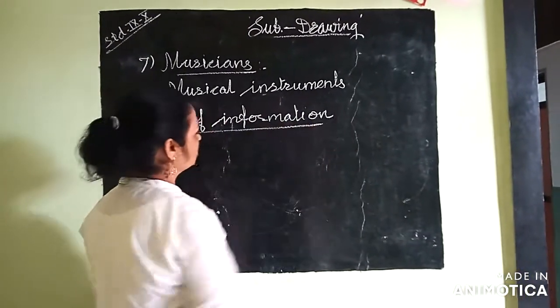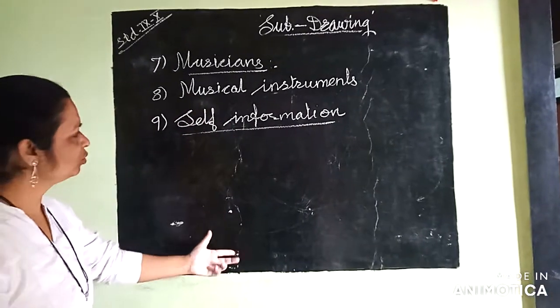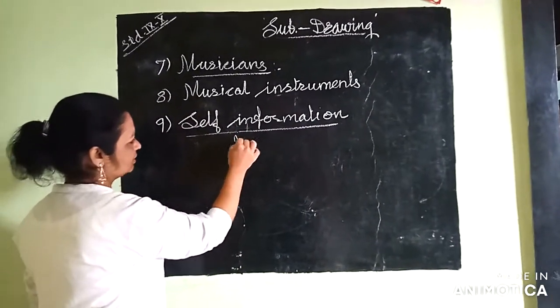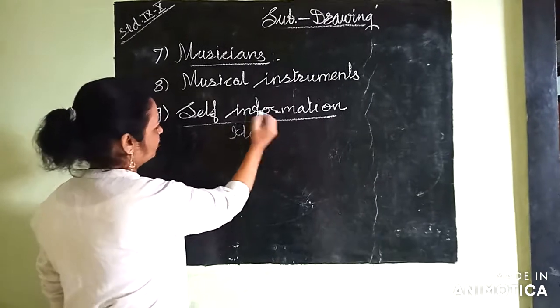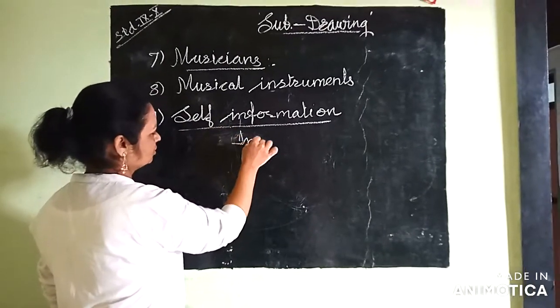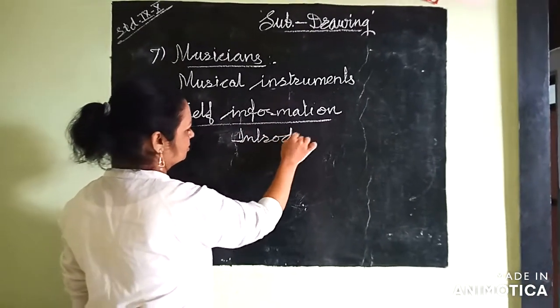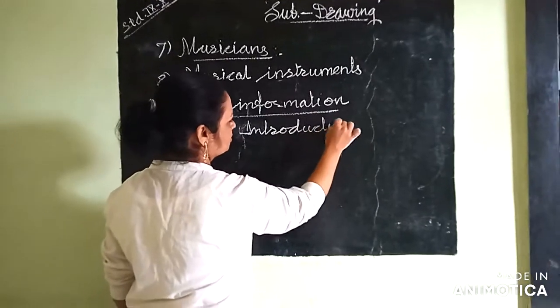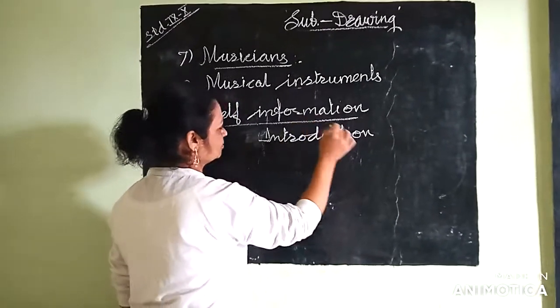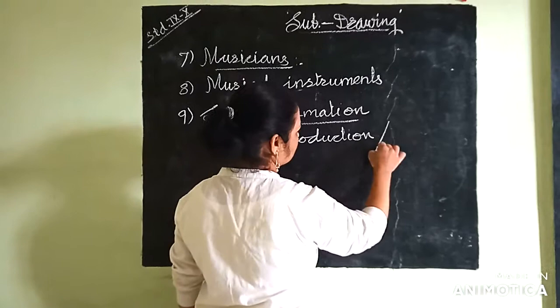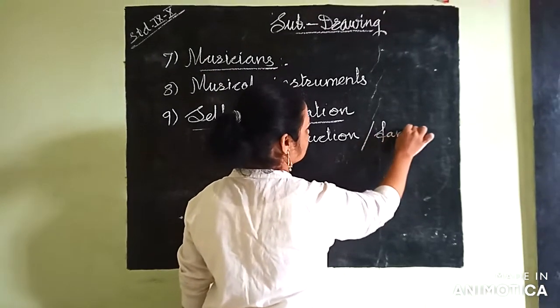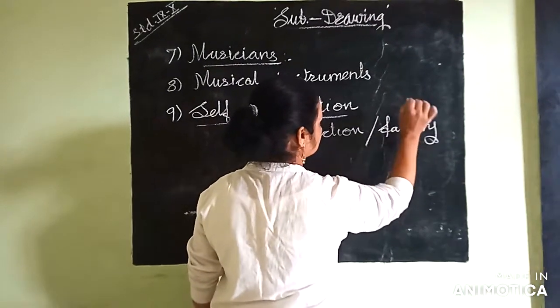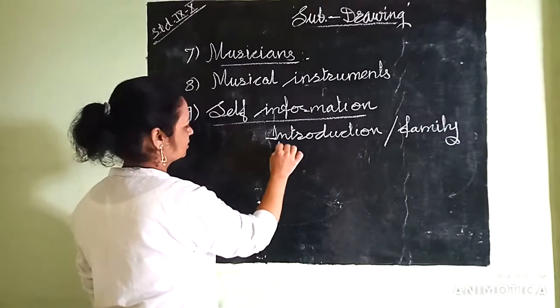In this topic, you can write about you, your hobbies. First of all, write your introduction. Family. Hobbies.